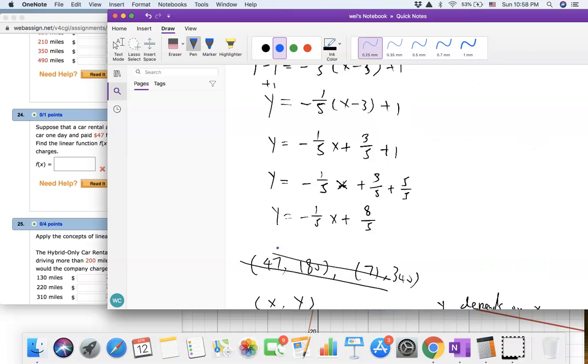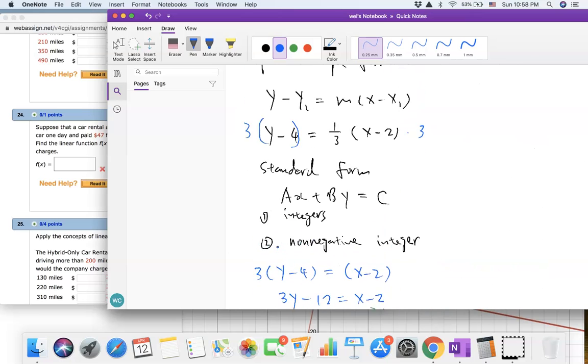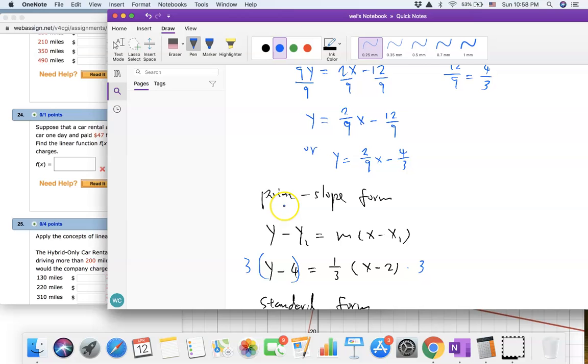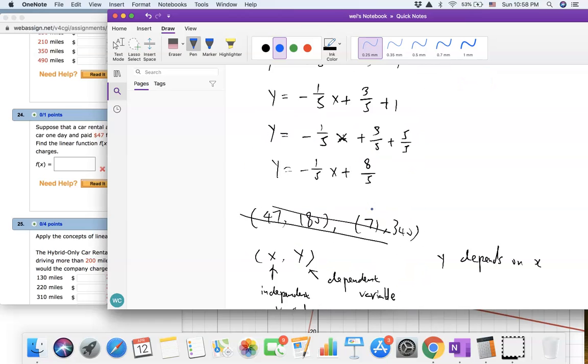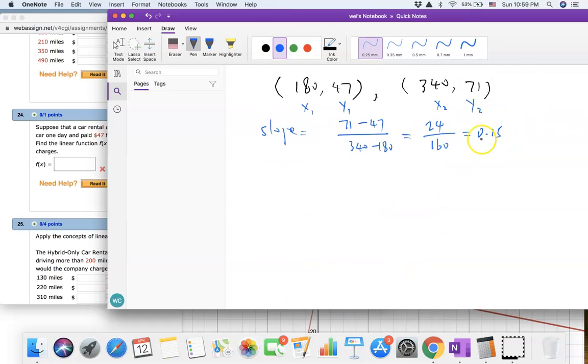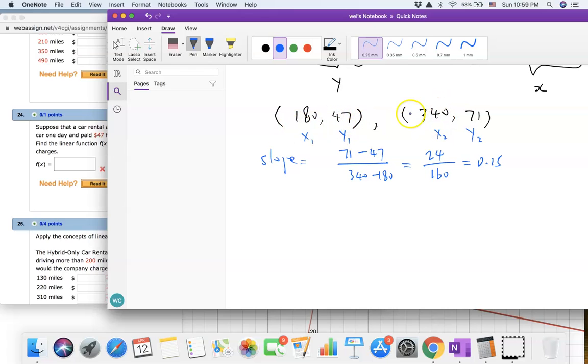Okay, and then next, to find the equation, we can use the point-slope form. We use this slope and one of these two points, say this point, and then we can find the equation. It's y minus 47 equals 0.15 times (x minus 180).